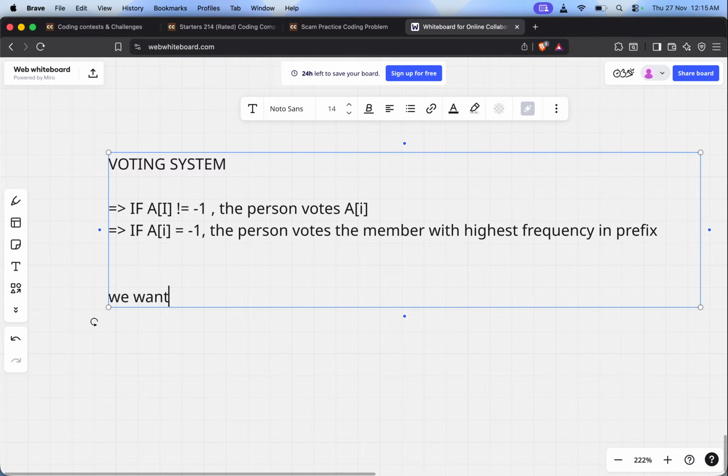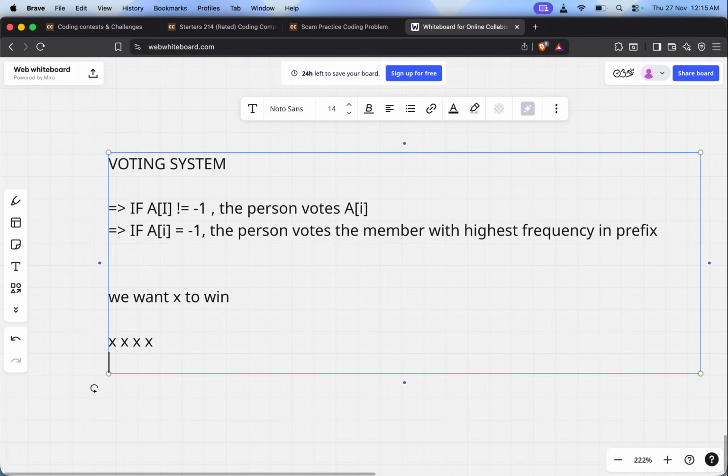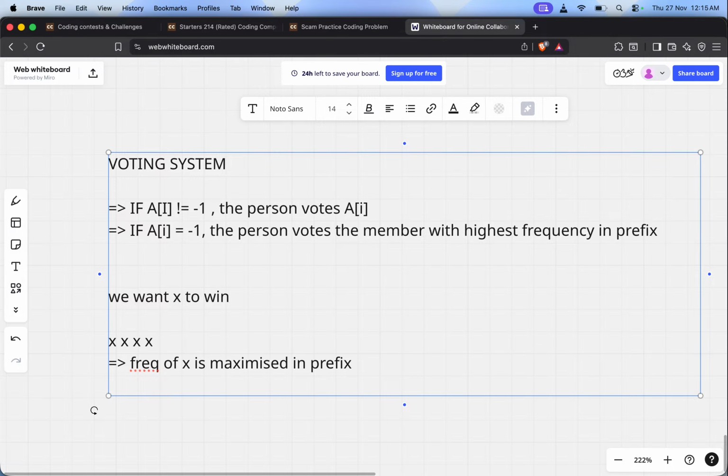We want X to win. Let's try to maximize the probability of X to win. So how will this happen? If only X appears in the starting, then frequency of X is maximized. Now let's say there are 3 Ys and 4 Zs.